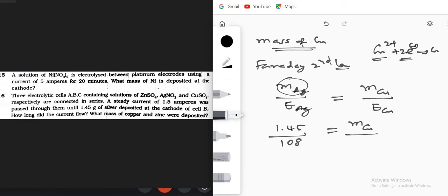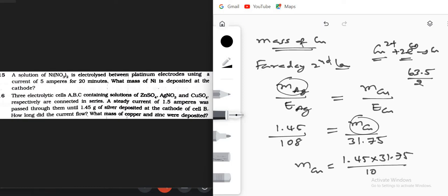Atomic mass of copper is 63.5. Divide the value by 2, so you will get 31.75. Right? Now you can find mass of copper from this. Mass of copper equal to 1.45 into 31.75 over 108.